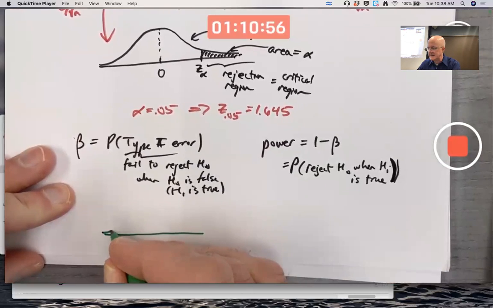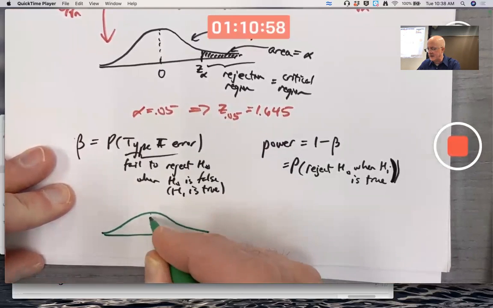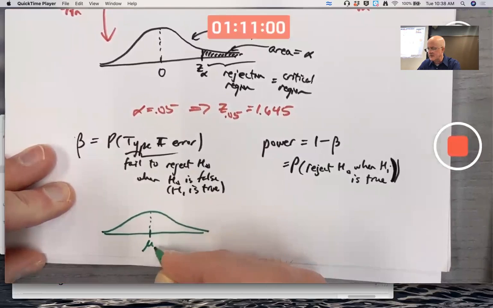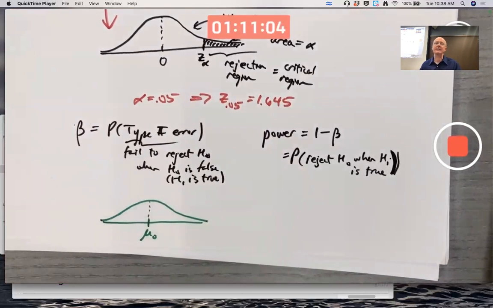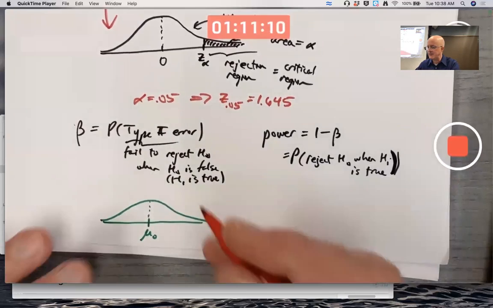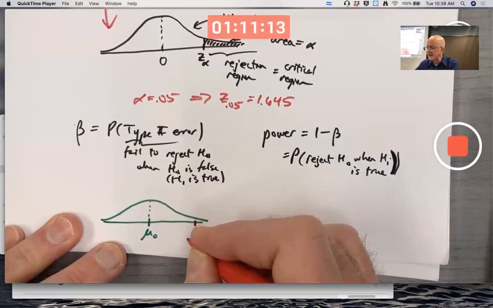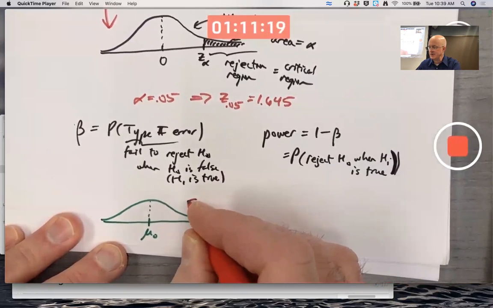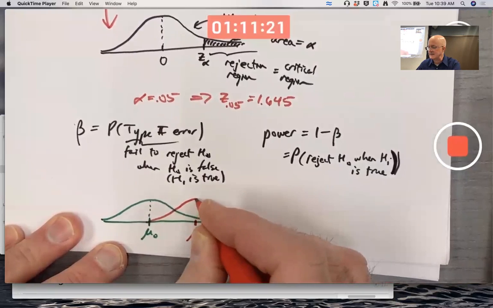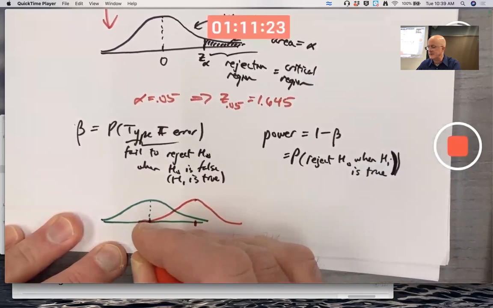So here again is the sampling distribution of X bar if the null is true. But if the alternative is true, that's not the sampling distribution of X bar. If the alternative is true, if mu equals, say, mu1, then the sampling distribution of X bar looks more like this, centered on mu1 instead of mu0.